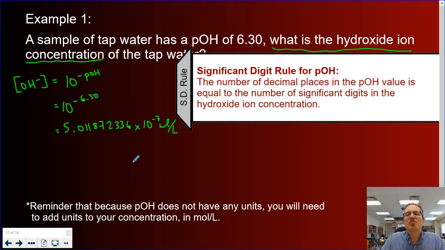So the rule for pH and pOH is exactly the same. So since I have 2 decimal places for pOH, I'm going to have 2 total significant digits for hydroxide ion concentration. So it's going to be 5.0 times 10 to the negative 7 moles per liter. 2 total sig digs, 2 decimal places in pOH.